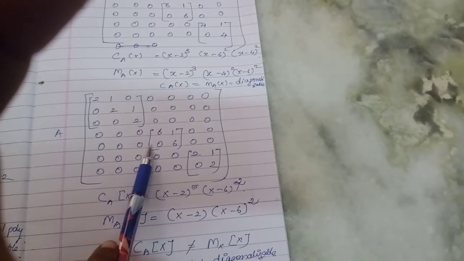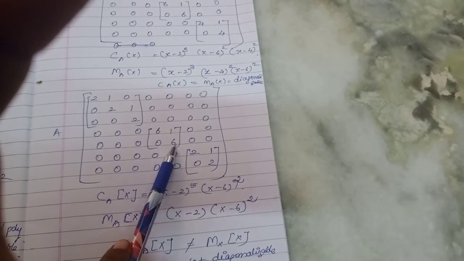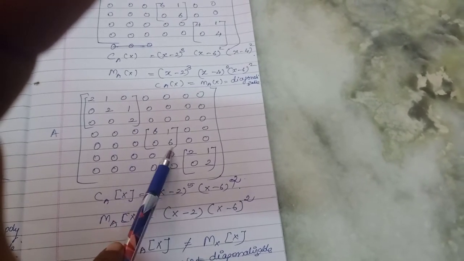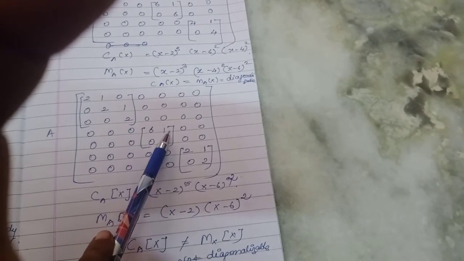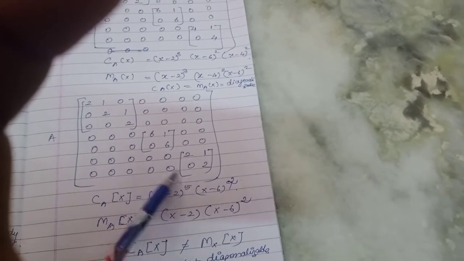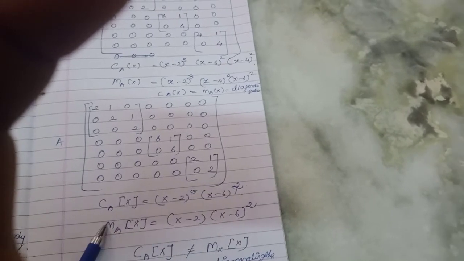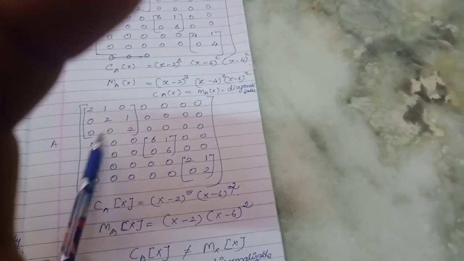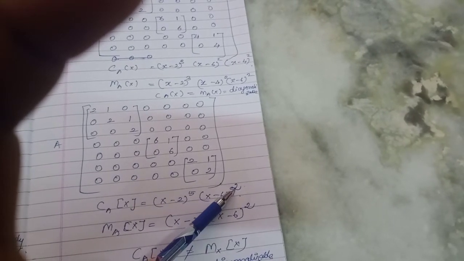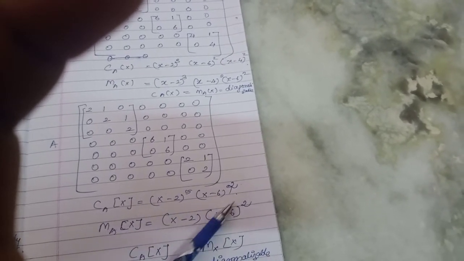And in the fourth and fifth columns we have 6 as the diagonal element, and above it we have 1, so this is also a Jordan block, and this is also a Jordan block. So the characteristic polynomial: how many roots? (x minus 2) to the power 5 and (x minus 6) squared are the characteristic roots.